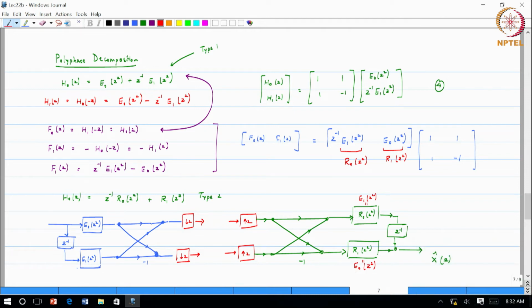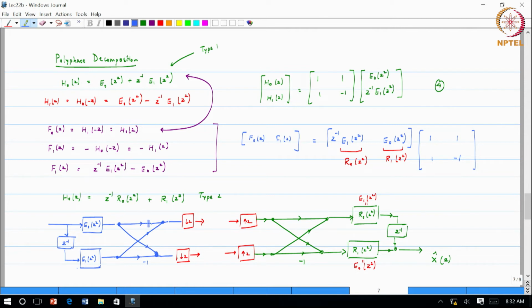Okay. Now, what you could do is move the downsamplers and the upsamplers and get a certain amount of insight. What you will find is that these two matrices will cancel each other because they are orthogonal matrices, and of course, it will basically become a scale factor of 2, because when you multiply these two you get only diagonal elements with elements equal to 2.